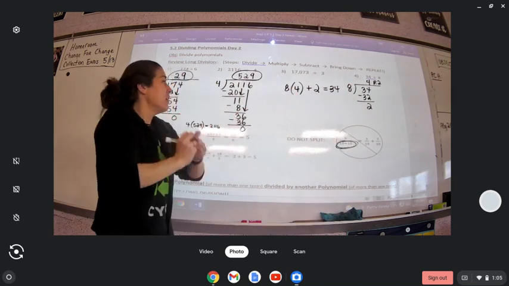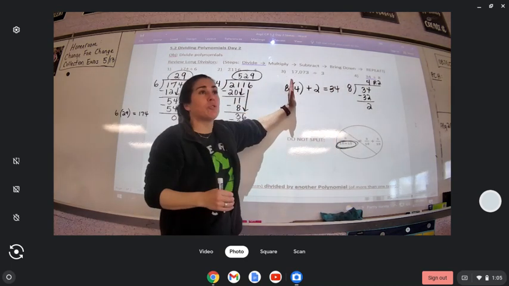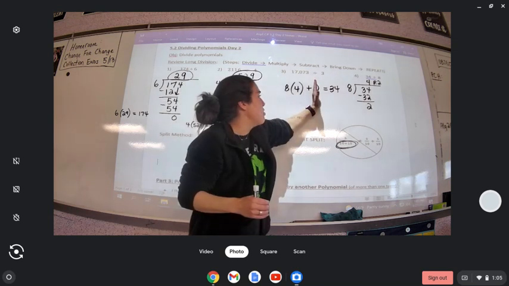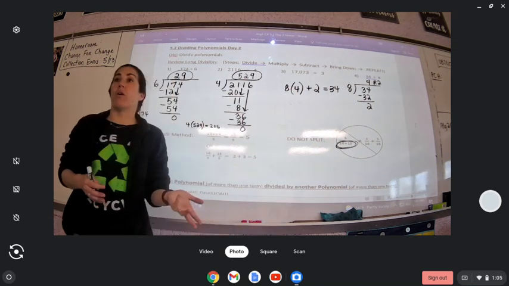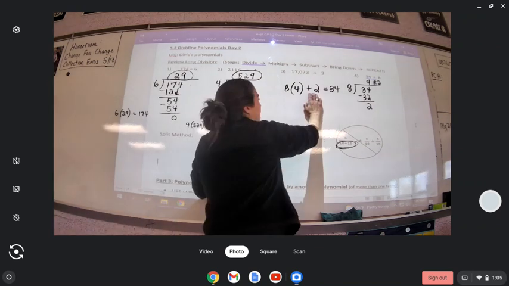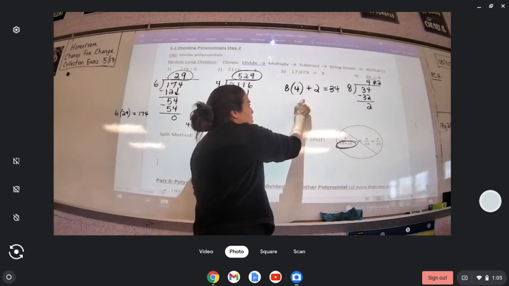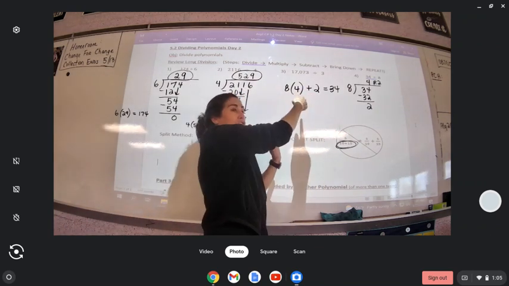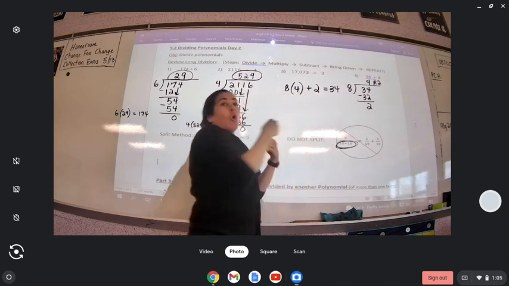Does that work? Yeah. Perfect, right? That's usually what you're taught originally to do with your remainder. The problem with polynomials is we don't want the remainder by himself. We want him to be written as part of the answer. I want him in here with the answer of 4.